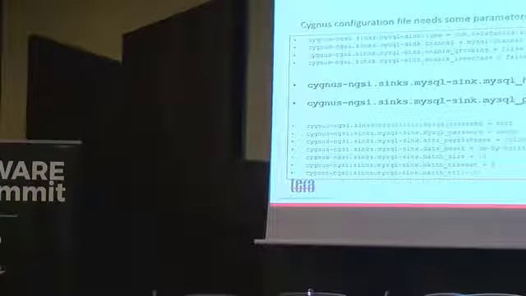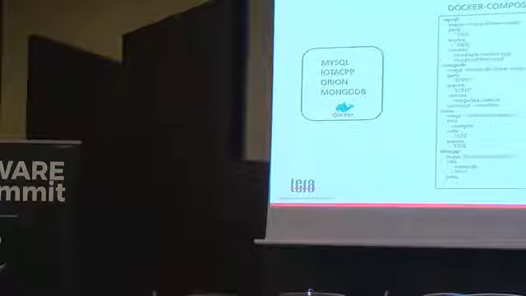So we created two Docker Compose files. In the first Docker Compose, we have MySQL, the IoT agent, the Orion, and MongoDB. This is a part of the Docker Compose file. Here we can see the images of the different containers, the ports exposed, and for example, the volumes.